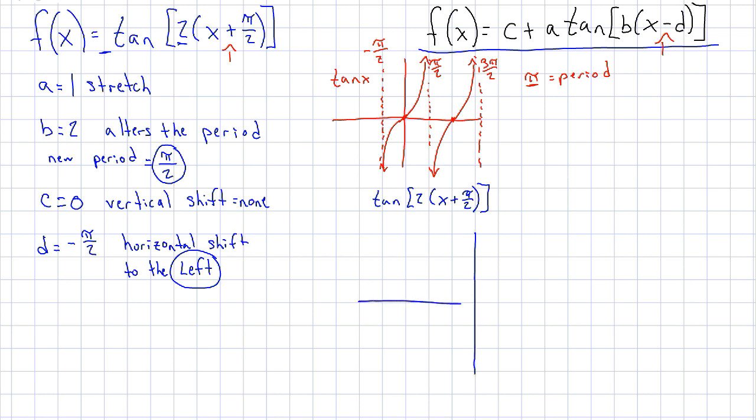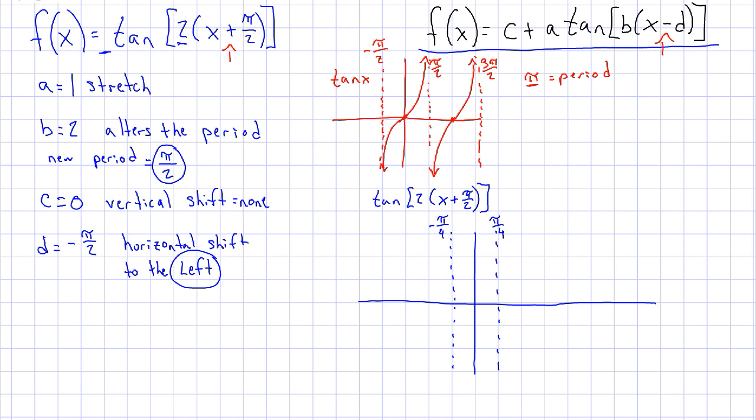So when I change the period from pi to pi over 2, if I'm graphing tangent of 2x, then instead of the asymptotes being at pi over 2 and negative pi over 2, they're at half of the new period, half of pi over 2. So that's negative pi over 4 to pi over 4. I'm not going to sketch my function out because I haven't addressed the phase shift yet.